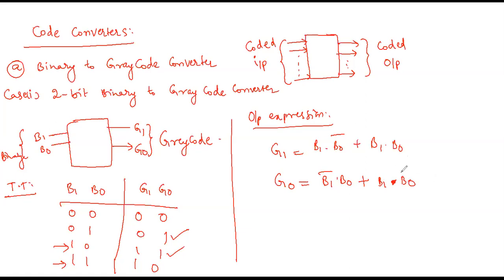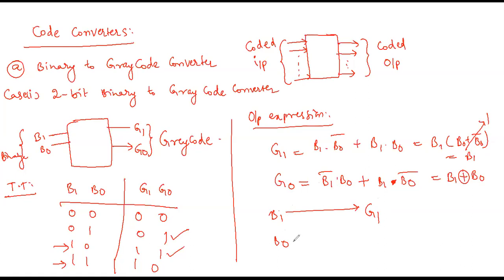This is nothing but B1 XOR B0. So B1, B0 are the inputs; G1 is equal to B1 directly, and G0 is equal to B1 XOR B0.